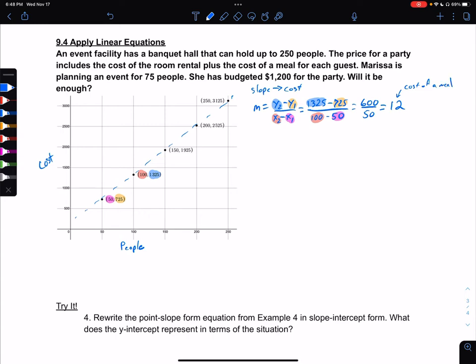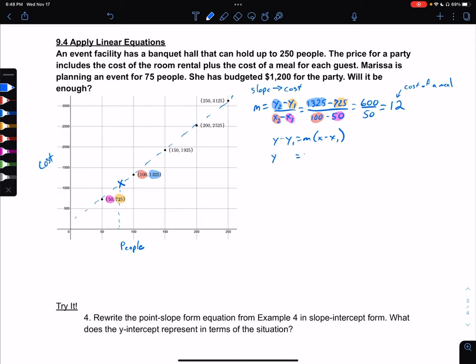The next thing we need to figure out is how much the total cost would be for 75 people. So we know that's somewhere around here. We don't know exactly what that number is, but we could figure that out if we have an equation. And I can find an equation using point slope form because I have the slope now and I have a whole series of points. I have 5 different points that I could use. So I have my y.